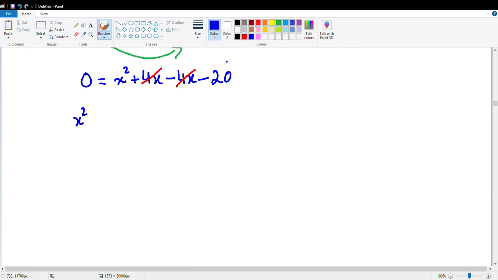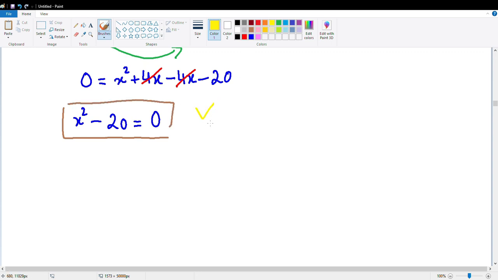So again, you can see over here that there's no b, or there's no x actually, because there is b, but it's 0. So there is no x technically. So you know what that means, don't you guys? That means this is another one of those pure quadratic equations.